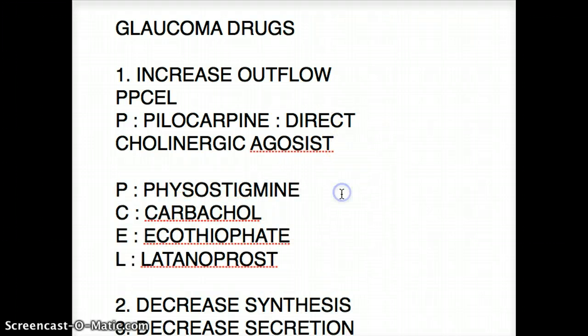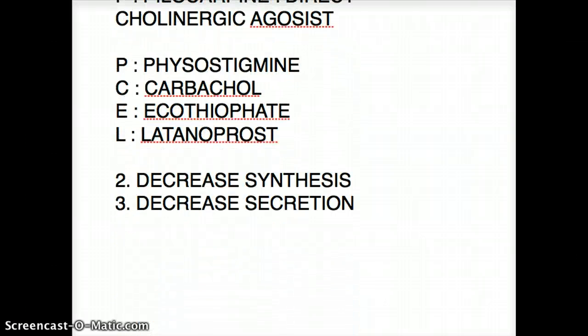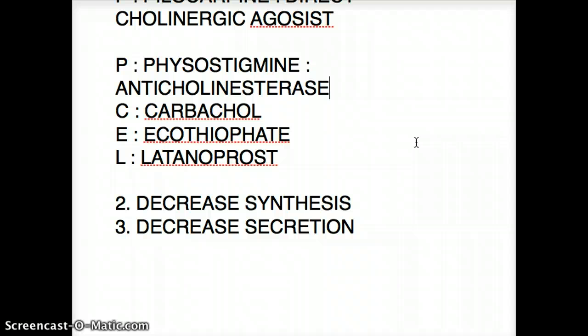What about physostigmine? Physostigmine is also an agonist, but it works as an indirect agonist. The way it works is it's an anticholinesterase. It's going to break down cholinesterase, and as a result it's going to increase the level of acetylcholine as a neurotransmitter, and that's how it induces its action.